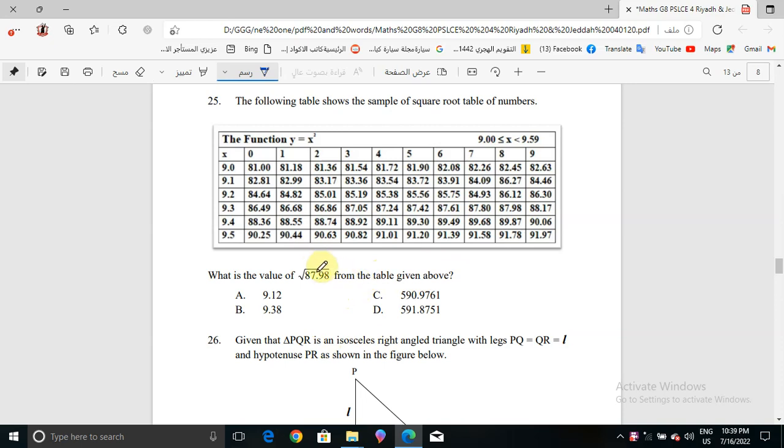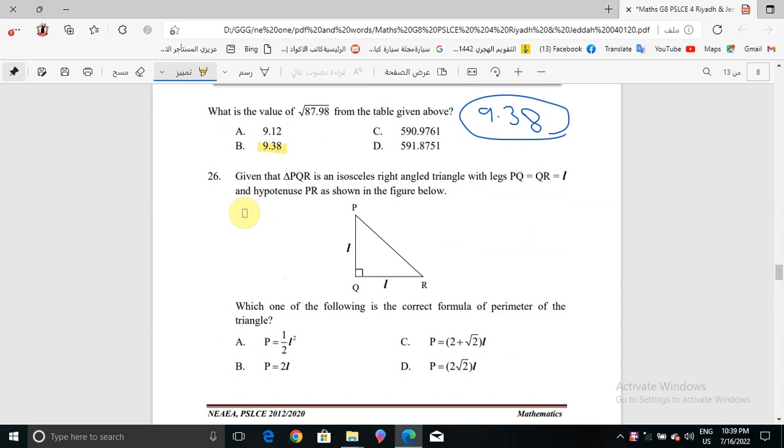Now here, find 87.98. 87.98 is here, so that means it is under 8, and in the row of 9.3, so that means 9.38. That means choice B is the correct answer because it has 9.38.